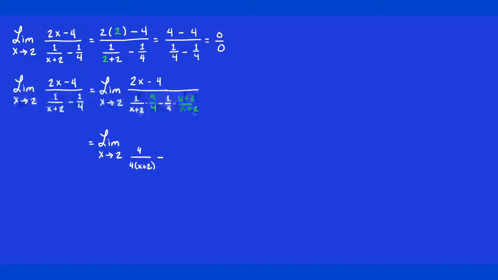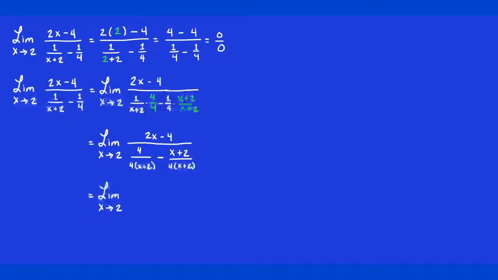Minus the other fraction, which looks like x plus 2 over 4 times x plus 2. Now this is all below this 2 times x minus 4. So let's continue. This is the limit, and let's copy it and see where we get.